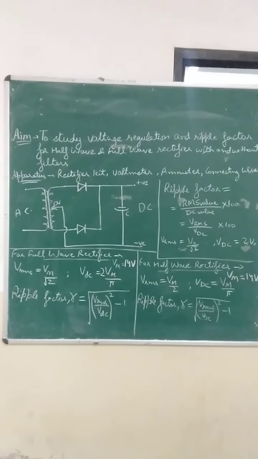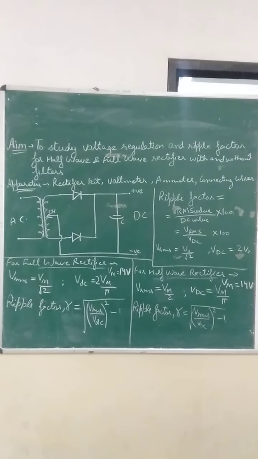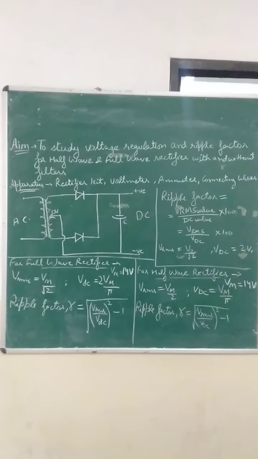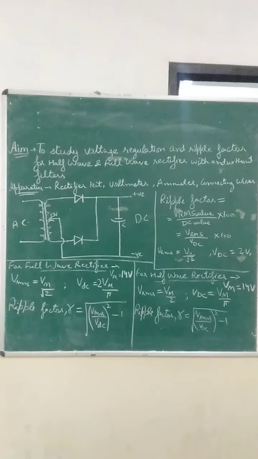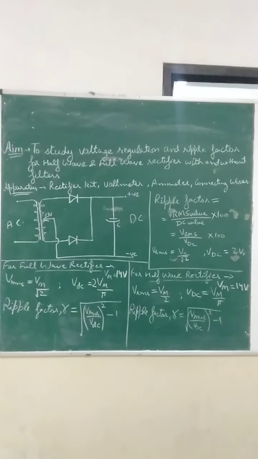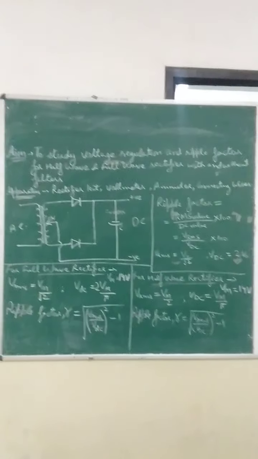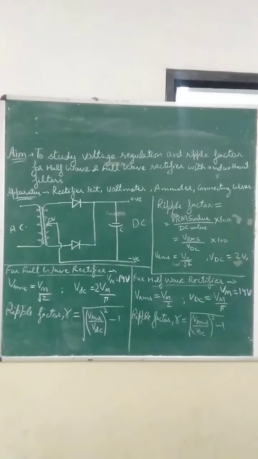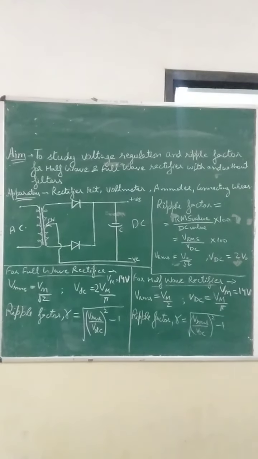VDC is the output voltage for the AC converted into DC. 2Vm by pi and Vm by pi are for the full wave and half wave rectifier. This is how, with the ripple factor formula gamma, we can calculate how much AC is going to be transformed into DC supply.